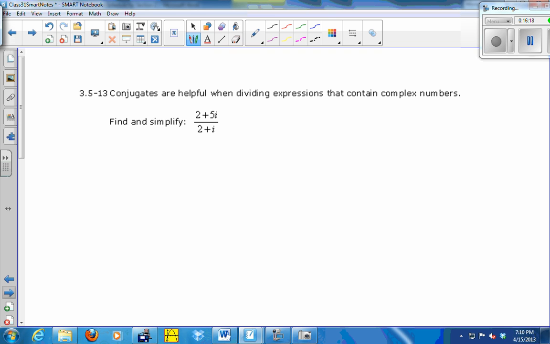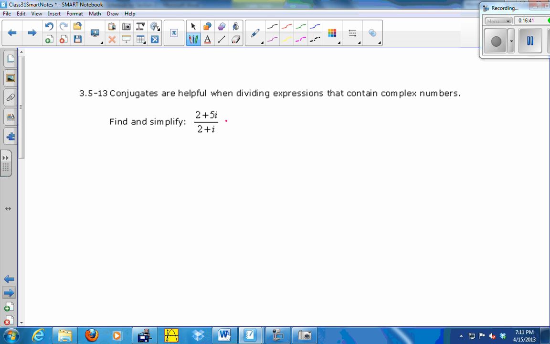So the first place where we find conjugates helpful is when we're dividing complex numbers. So if we want to do 2 plus 5i divided by 2 plus i, and I want to write that in my standard form, a plus bi, the trick I use is the conjugate. Multiply the top and bottom of the fraction by the conjugate of the denominator.